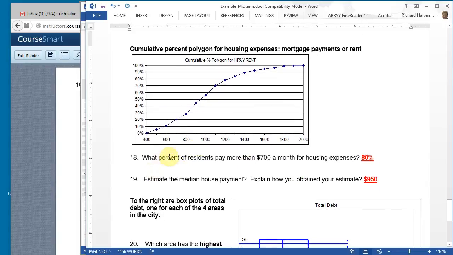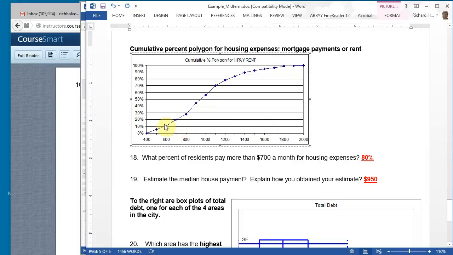What percent of residents pay more than $700 a month for housing expenses? Well, this chart is very handy here. 700 a month starts right here. So what is the percentage to the right of 700?